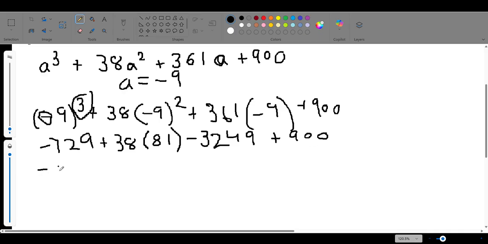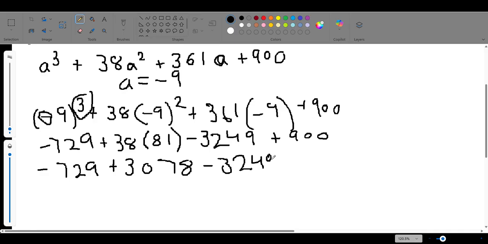Okay, then we can simplify this even further. 38 times 81 gives you 3,078. So 3,078 minus 3,249 plus 900.